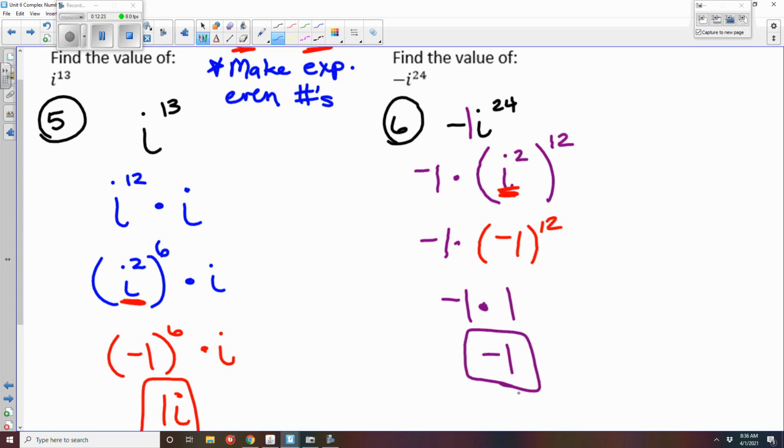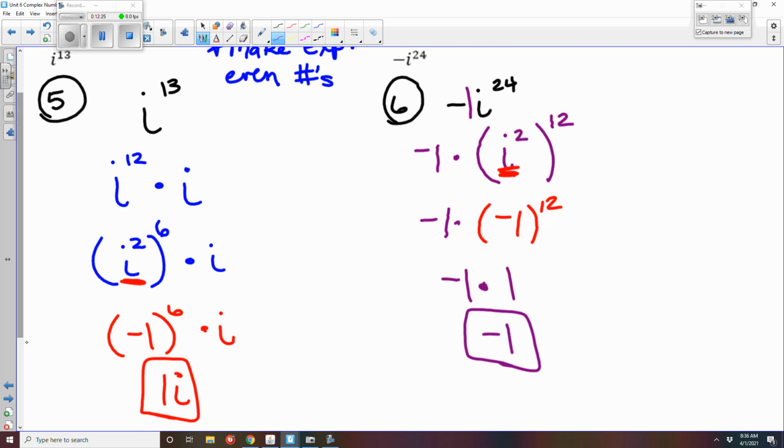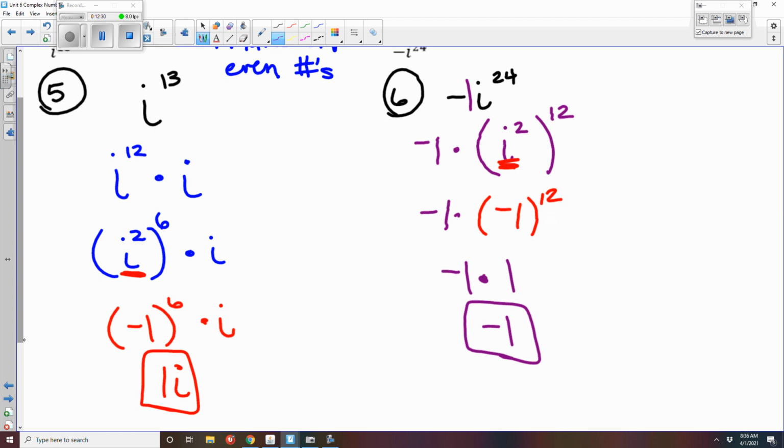So while we have these up here, there's a couple of things I just want to make note of. That way as you do examples later on, you'll be like, oh, that's what they look like. So if you have an odd exponent to start with, you always end up with an odd answer.